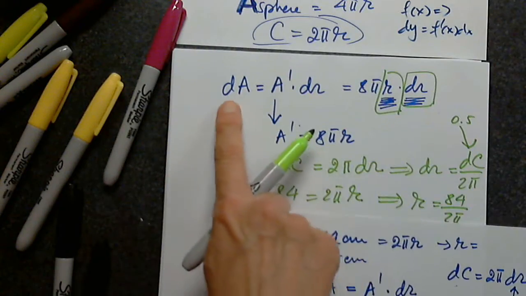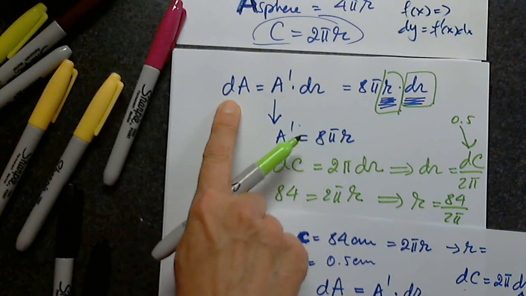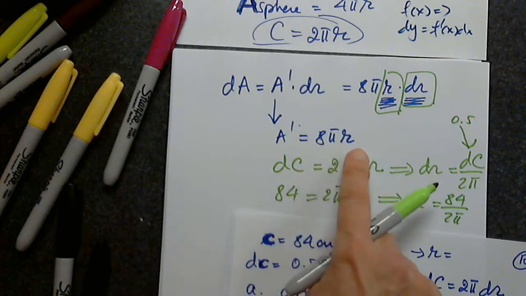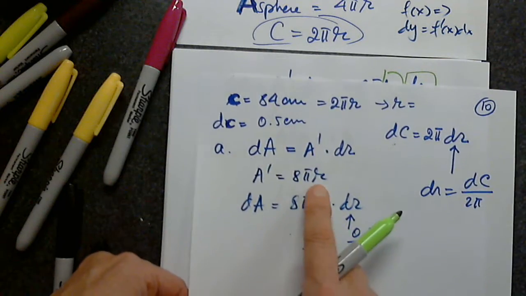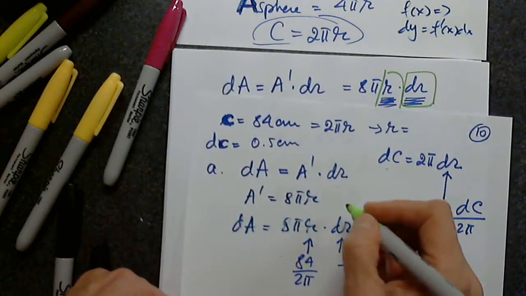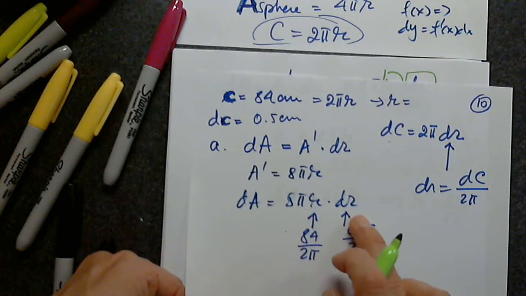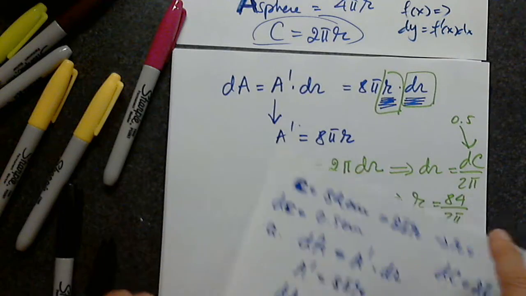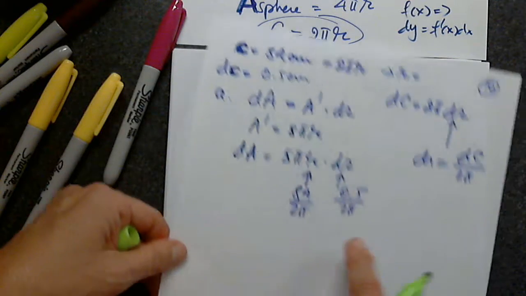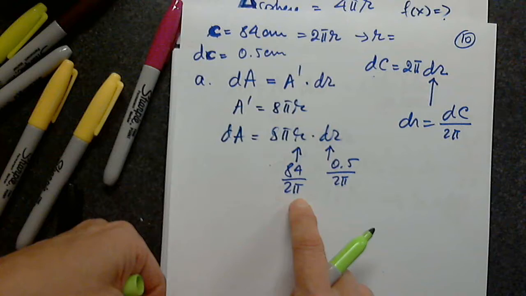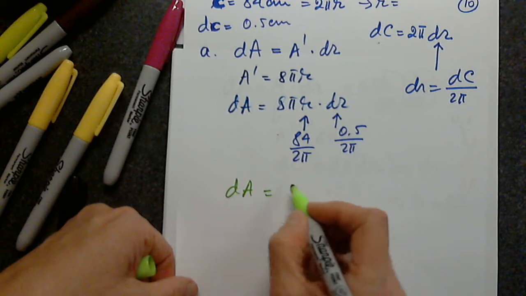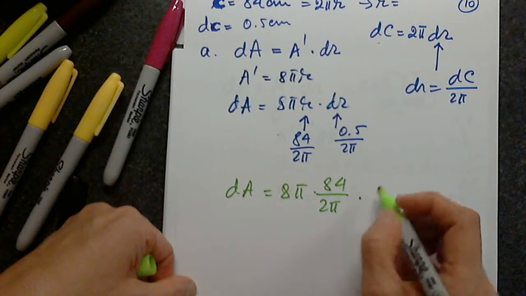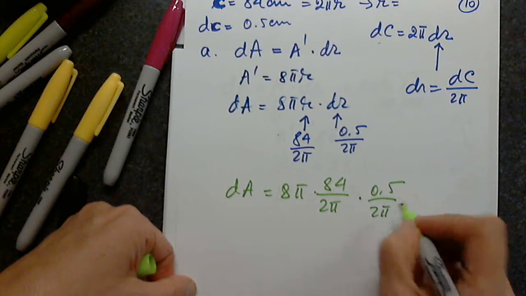dA, the error in A, for a minor error in the circumference, equals 8 pi r times dr. So now dr is 0.5 over 2 pi, and r is 84 over 2 pi. And that's the end of it. 8 pi times 84 over 2 pi times 0.5 over 2 pi.